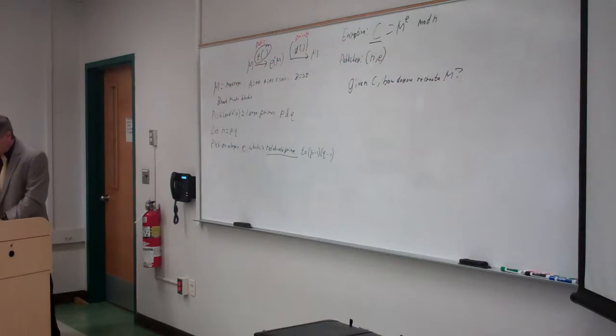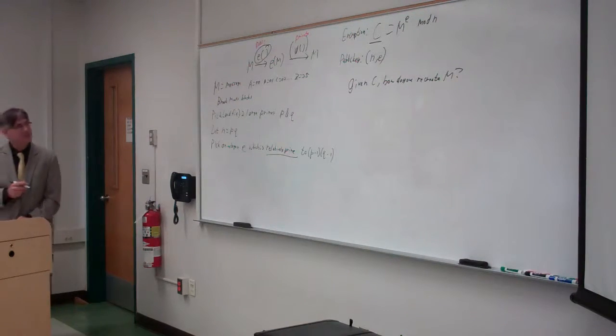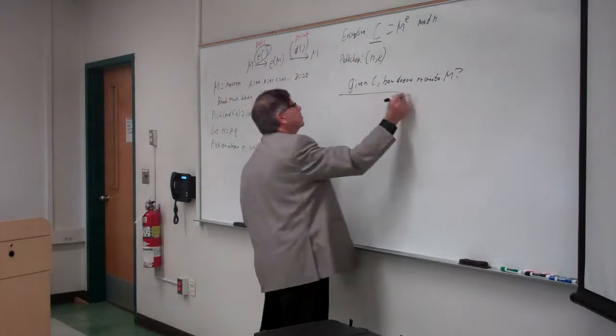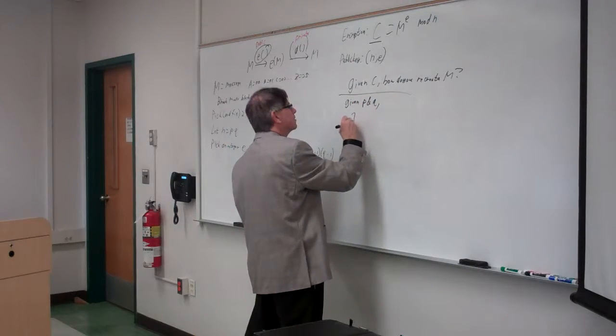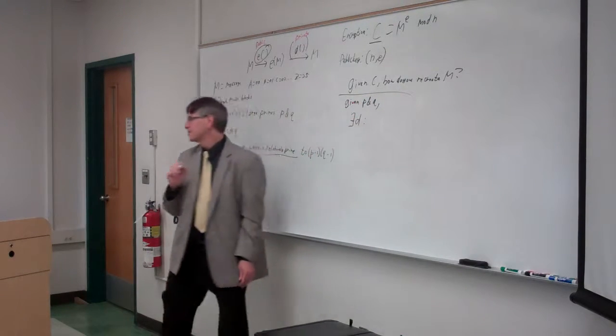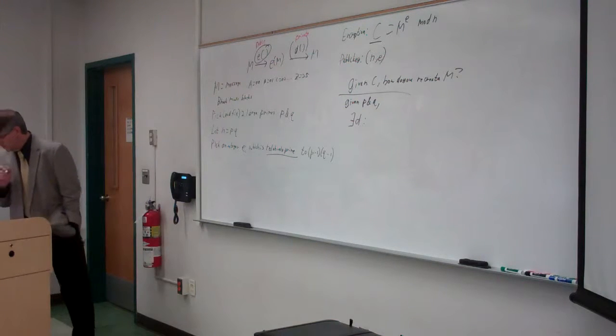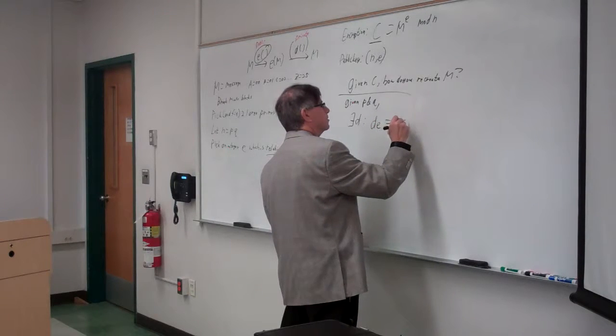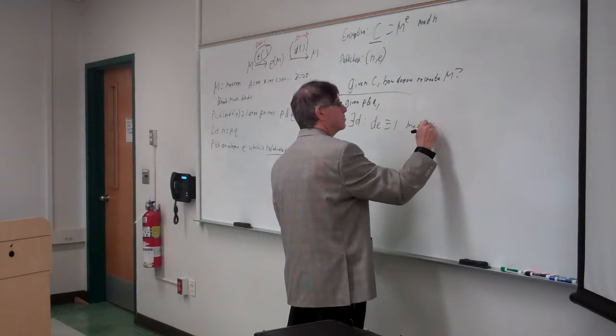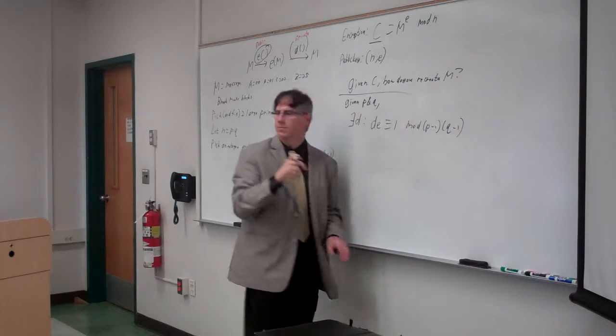So we've encrypted by raising M to the E. If you know P and Q, there exists a D such that D times E is congruent to 1 modulo p minus 1 times q minus 1.